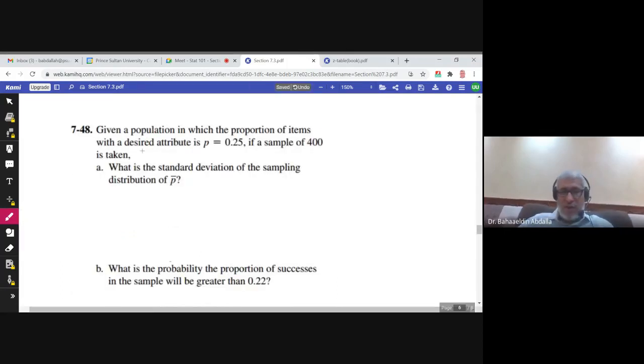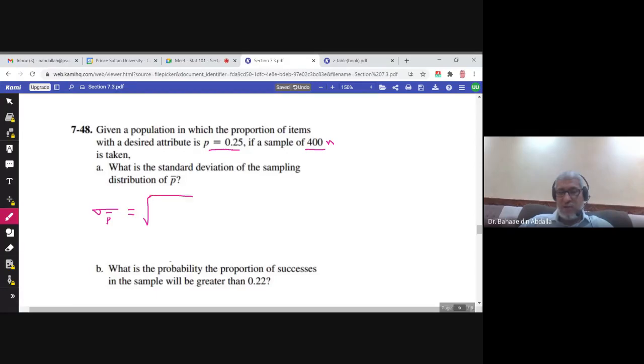Another question: given a population in which the proportion of items is P, if a sample of 400, so this is N, what is the standard deviation of the sampling distribution of P bar? So he's asking about sigma P bar. What is sigma P bar?